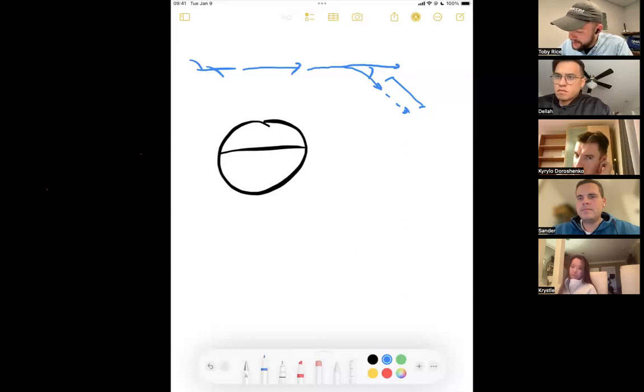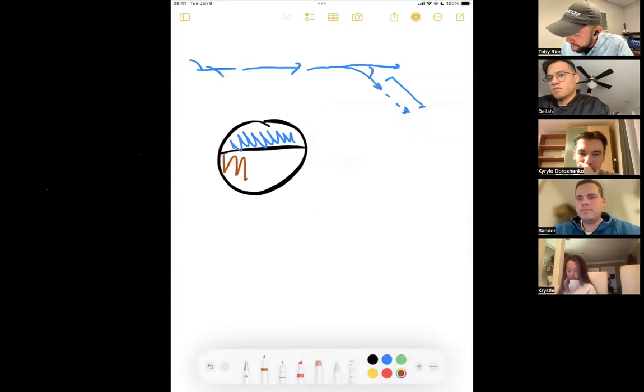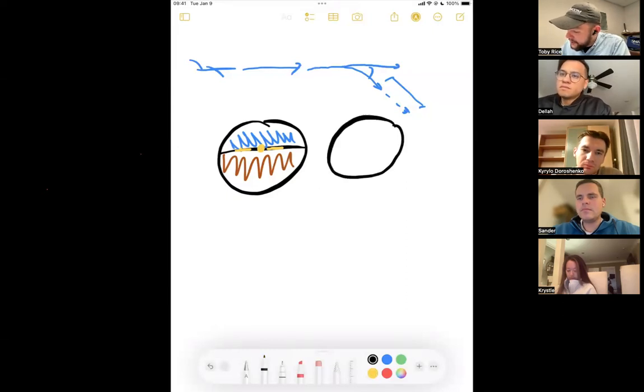So I recommend using your pitch control like your attitude. We'll say here this is blue, and down here we'll use brown, on your attitude indicator. I recommend using your pitch against your glide slope.